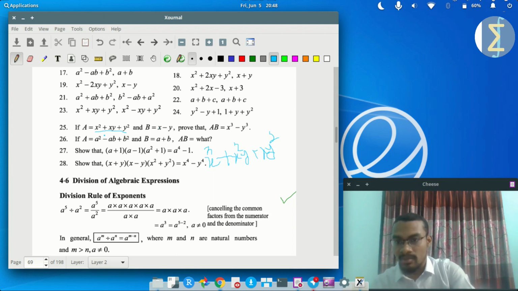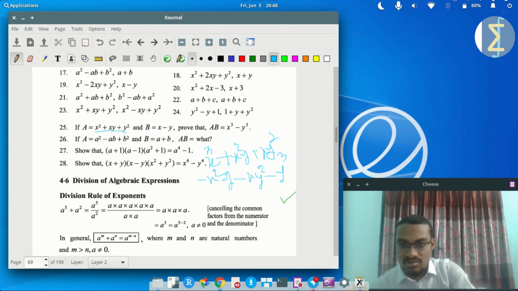Then this minus y multiplied by this whole term, we get at first minus x square y, then we get minus xy square, and then finally there are two y's and there is one y, so we get minus y cube.